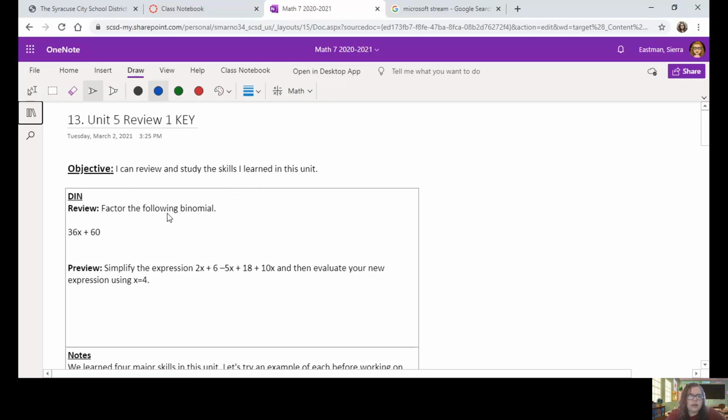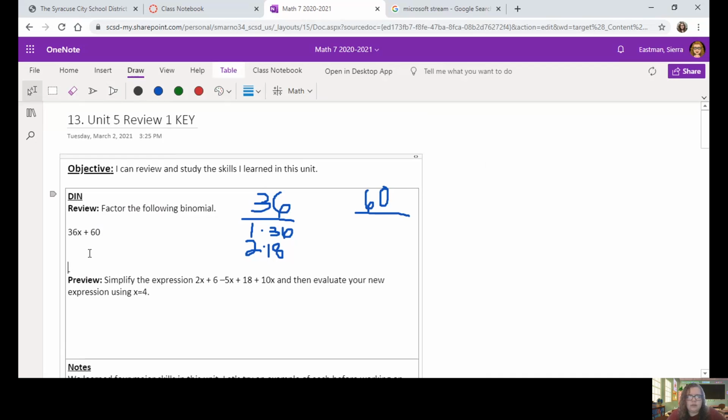So I'm going to go ahead and take my two coefficients or constants, 36 and 60. We're going to find the factors of both of these numbers. For 36, I can have 1 and 36, 2 and 18. I'm definitely going to need some more space here, so let me add that in first.